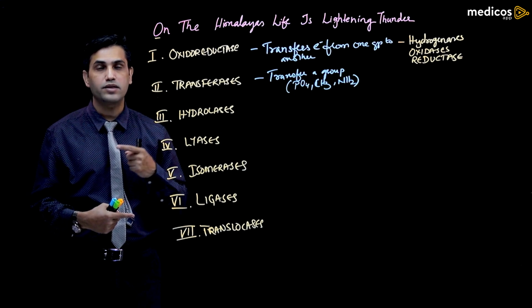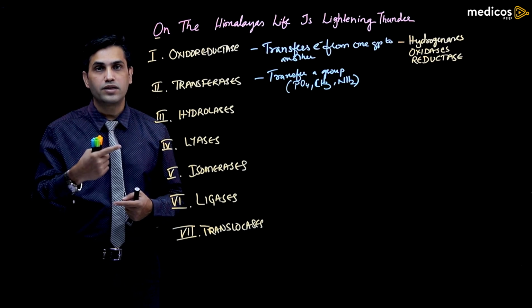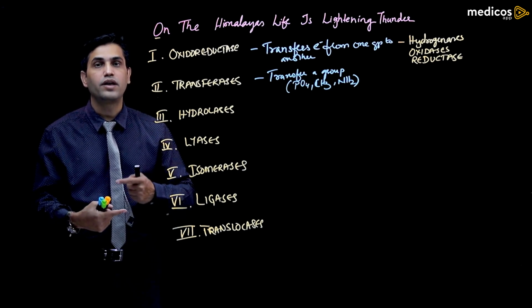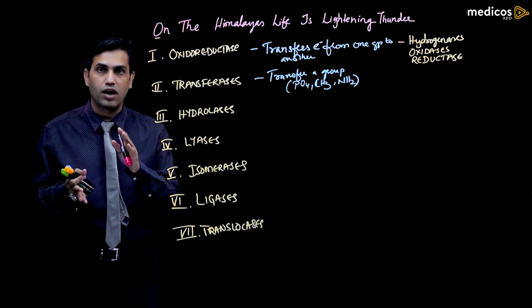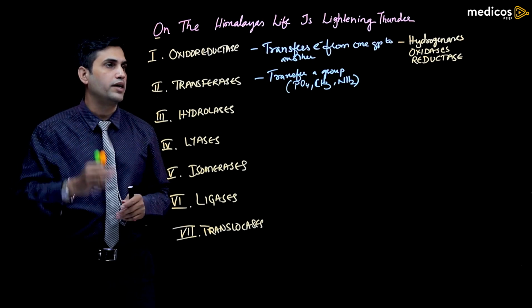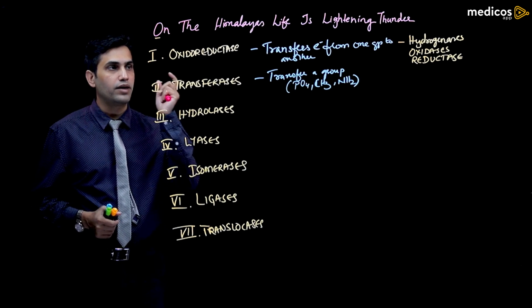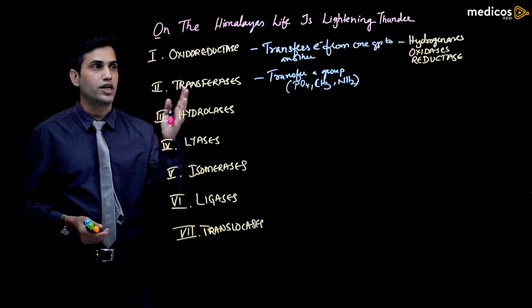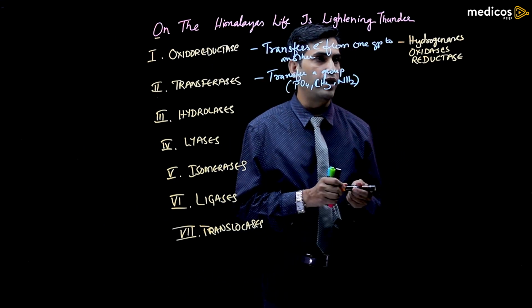Phosphorylation is done by kinases, dephosphorylation is done by phosphatases. Kinases are activated by glucagon, phosphatases are activated by insulin. Okay, so that is how glucagon and insulin balance the blood glucose regulation. We will talk about that in detail. I will make you learn that by heart. Okay, for now you remember that transferases are the ones which transfer a group like phosphates, methyl and amino group.